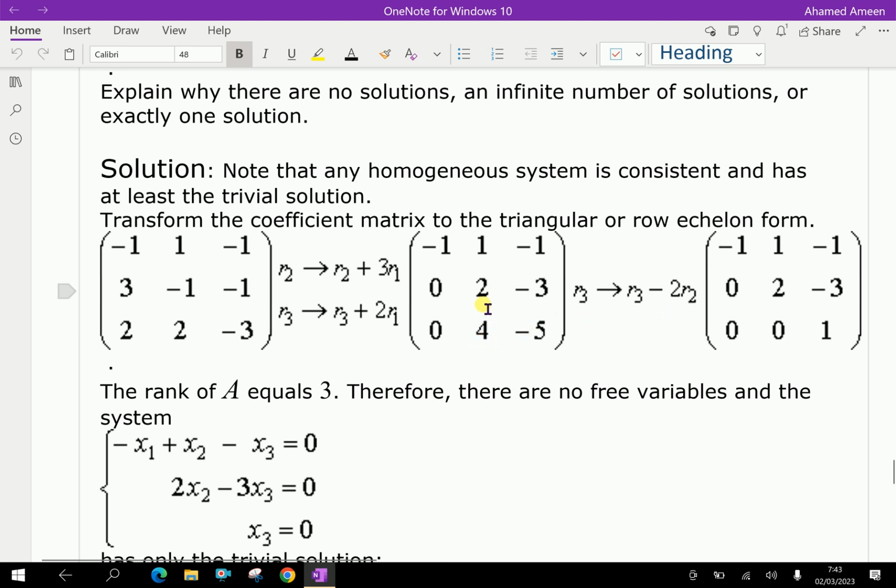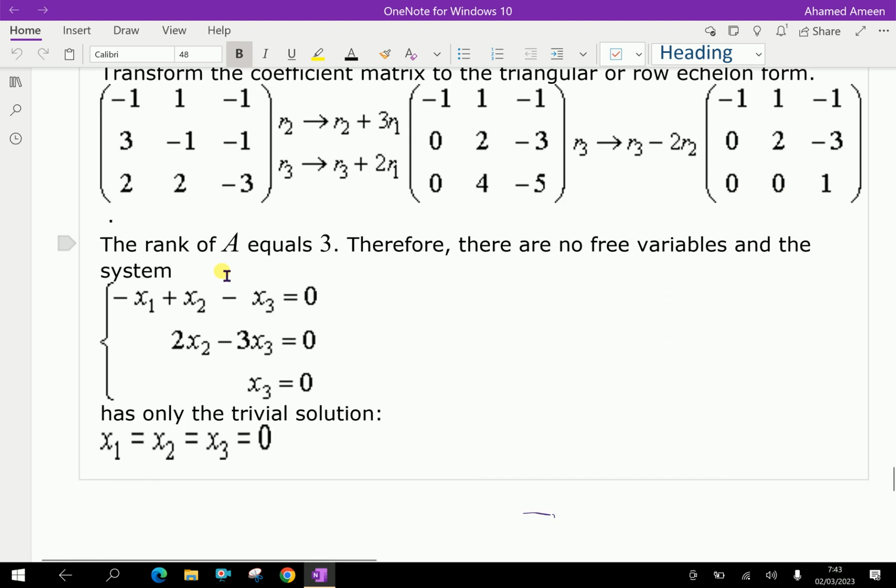That is 4 minus 2 into 2, that is 4 minus 4, is 0, and minus 5 minus 2 into minus 3 gives 1. So we got the row echelon form.